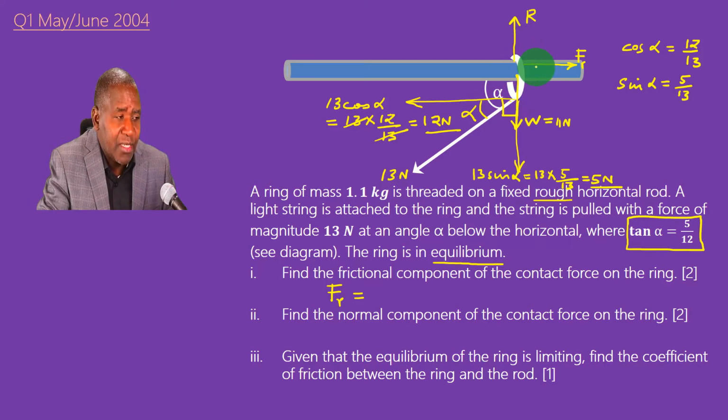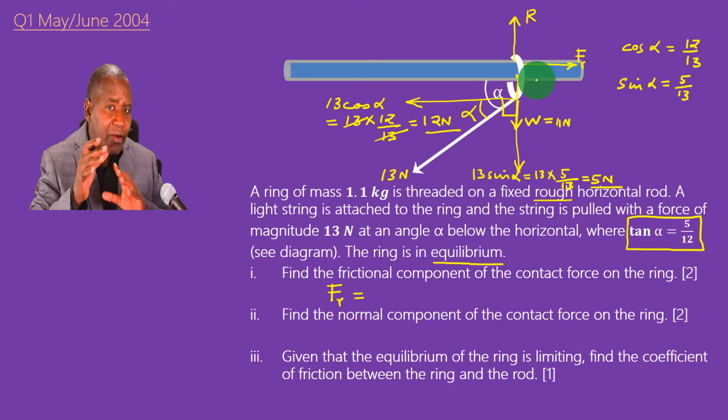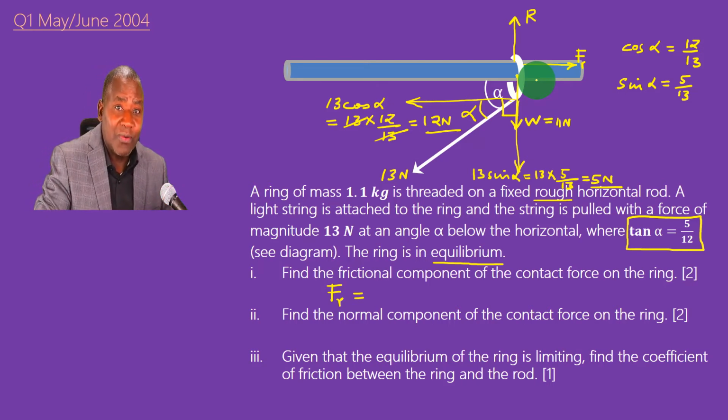That means after resolving the forces acting on that ring or that system in two directions which are perpendicular to each other, we are going to equate opposite forces. In other words, the force acting to the right is the frictional component of the contact force. The force acting to the left is 12 newtons. And that is how I get the frictional component of the contact force.